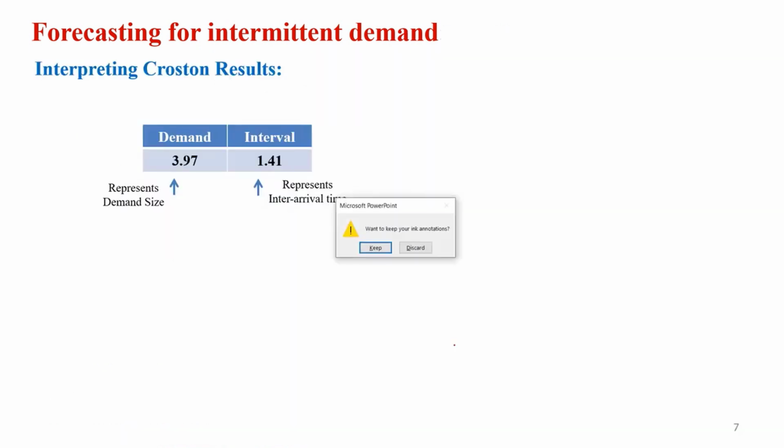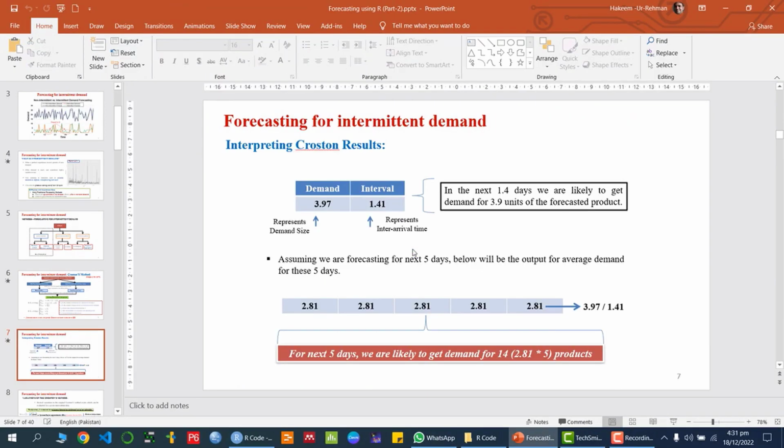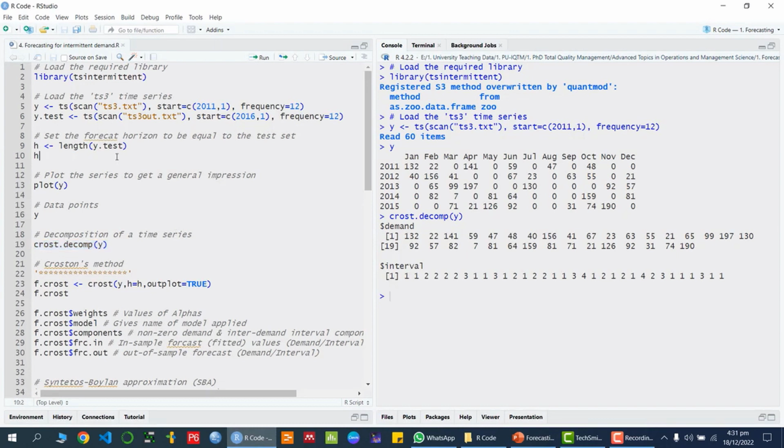So let me first calculate the forecasted value using R with the help of the Croston method. For that, again, I am running this particular command. With the help of this command, we are reading the file, that is ts3.text. We are saying the starting value, we are saying the frequency. So this is basically the training data.